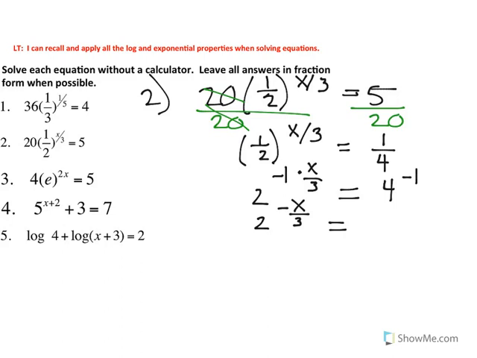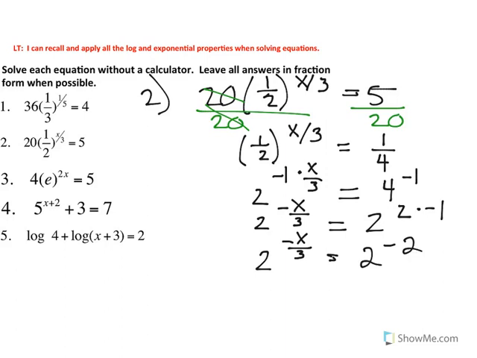And on the right, I want to rewrite 4 with a base of 2. Well, I can rewrite 4 as 2 squared, keep the negative 1. So when everything is cleaned up, this is what I'm staring at.